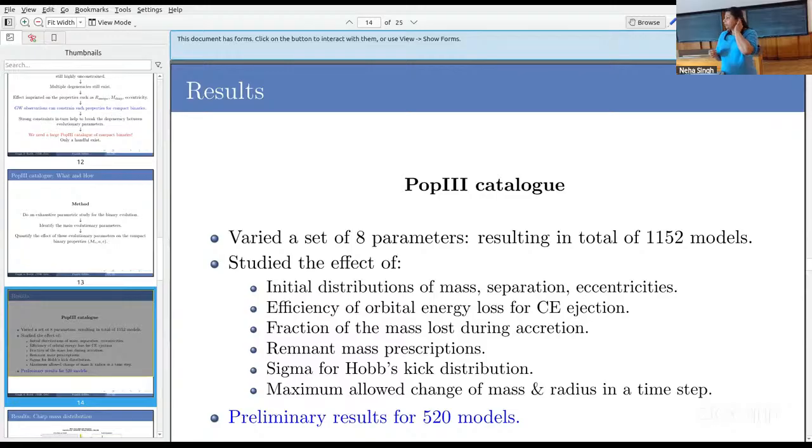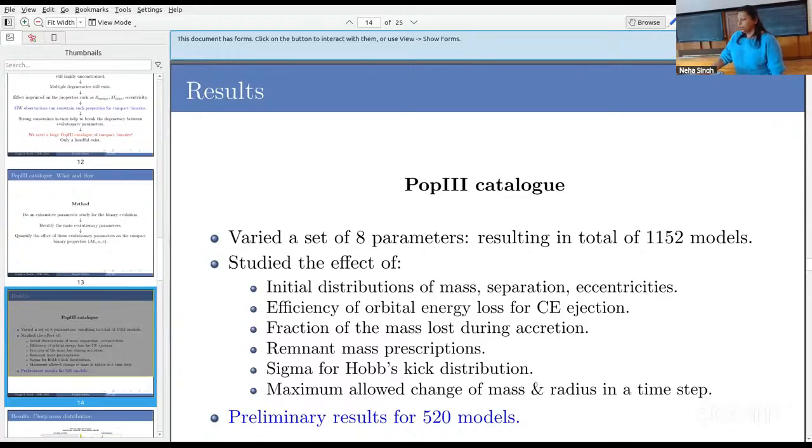That is, whenever the core collapse supernova happens, how massive the compact object which is formed will be. We also varied the sigma for the Higgs distribution and how much the mass and radius change with each time step. For this talk, I will be talking about the 520 models which are finished and processed.